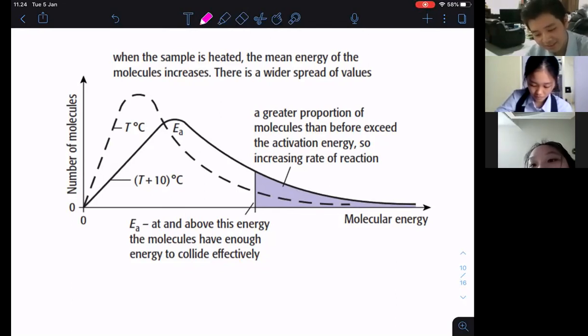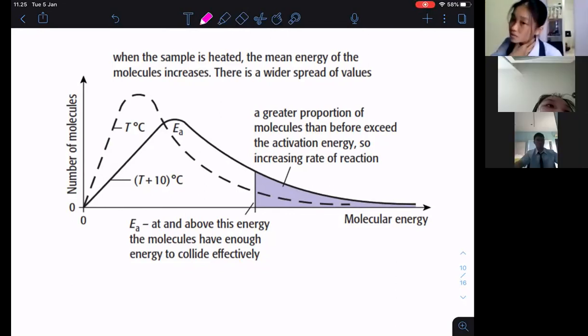But as you increase, the number of molecules with greater energy also increases until it reaches a peak. From then on, the number of molecules with greater and greater energy decreases. This is because at a given temperature, the particles in a substance do not have the same energy. Some will have less, some will have more, but generally they will stay in the middle. Okay, thank you, Dr. Josh.